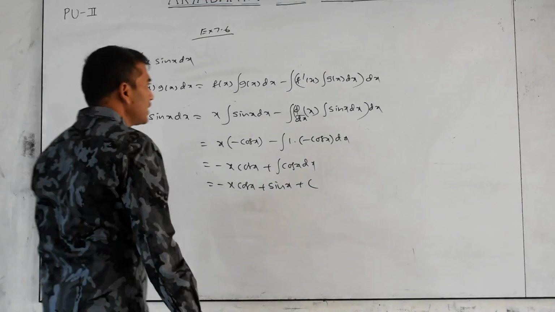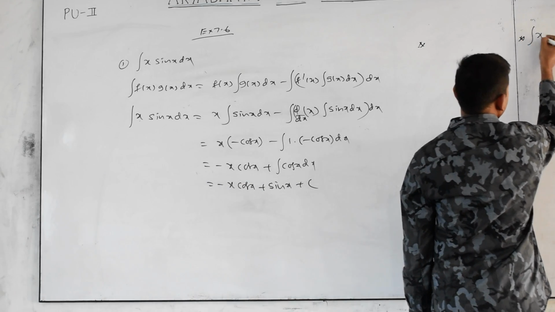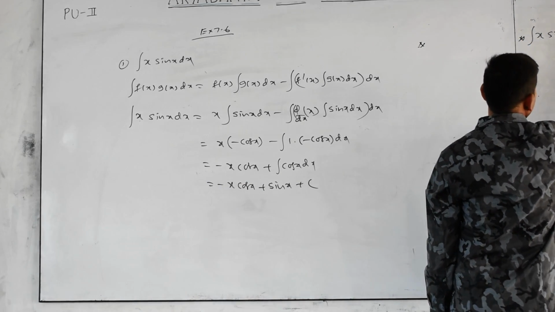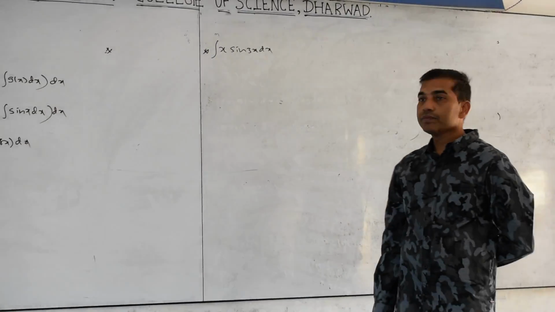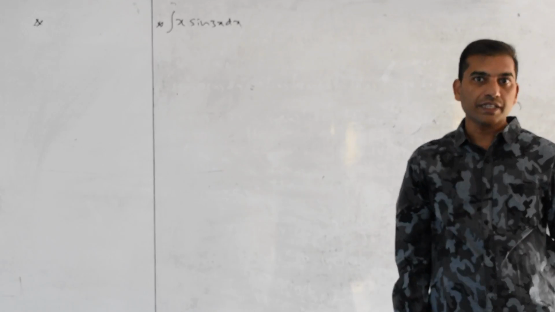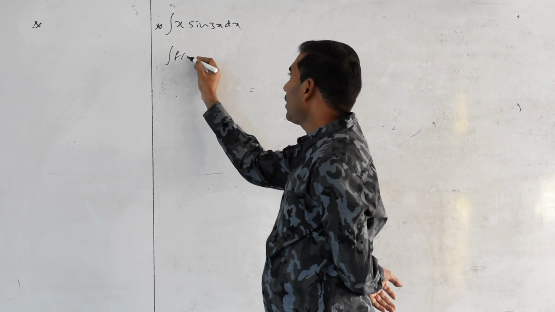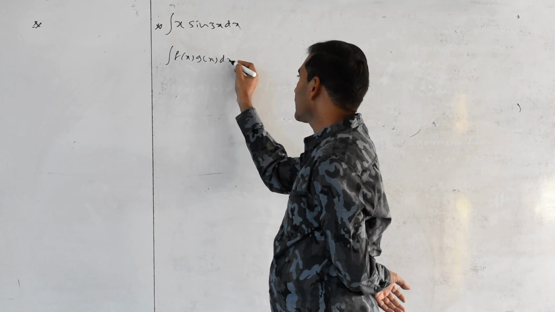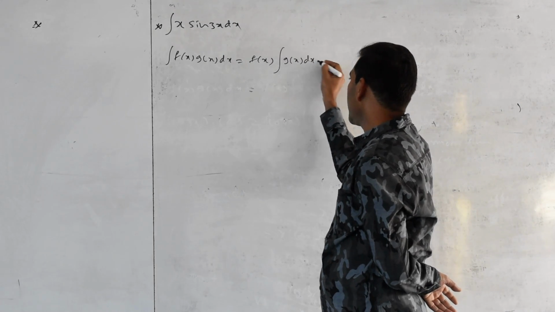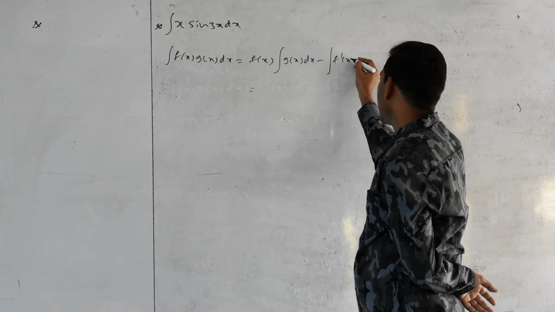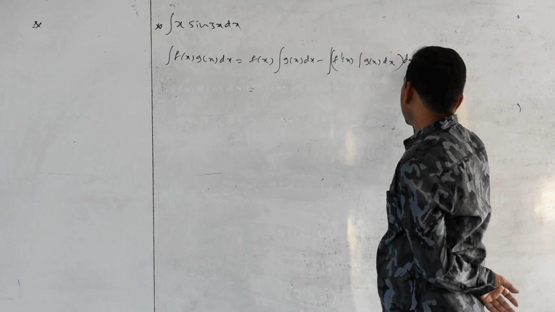Integration of x into sin 3x dx. Tell me, u first function x, sin 3x is second function. Okay. Product rule formula: integration of f of x into g of x dx equals f of x integration of g of x dx minus f dash x integration of g of x dx whole dx.